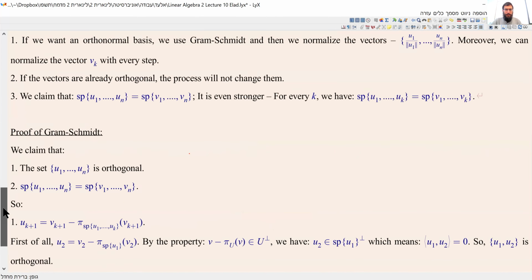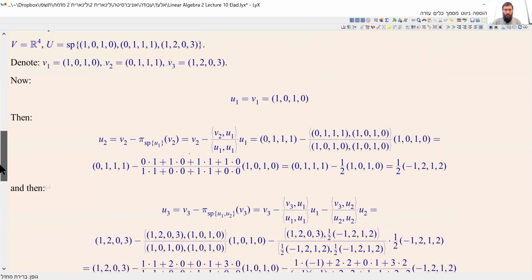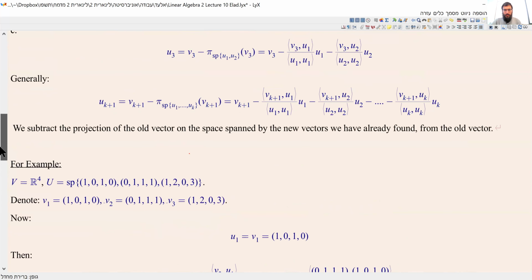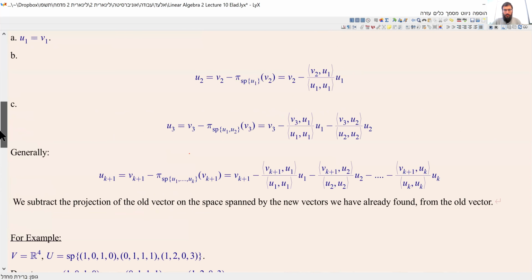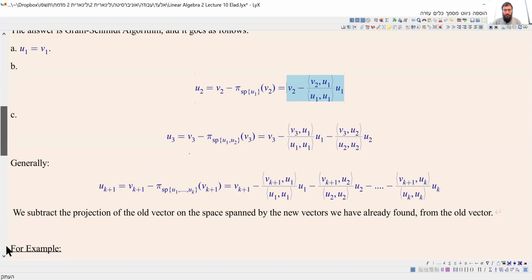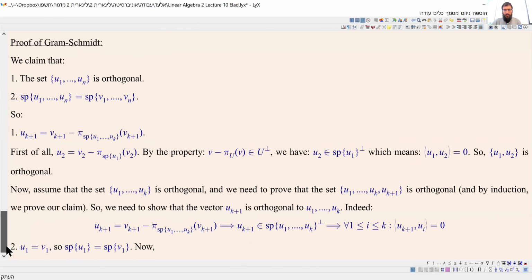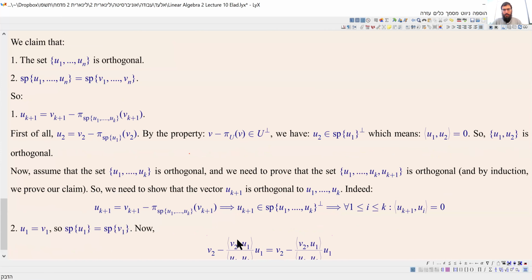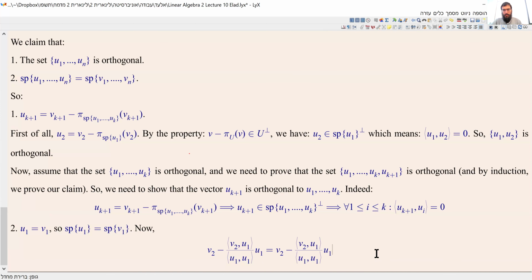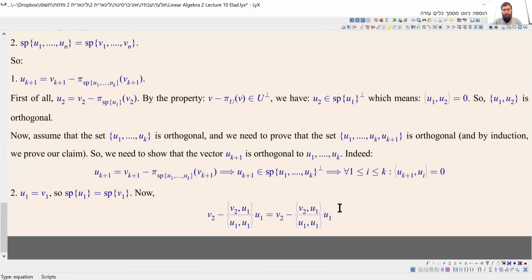Now, u2 is the vector right here, but we know that u1 is actually v1 by the first step of our algorithm.